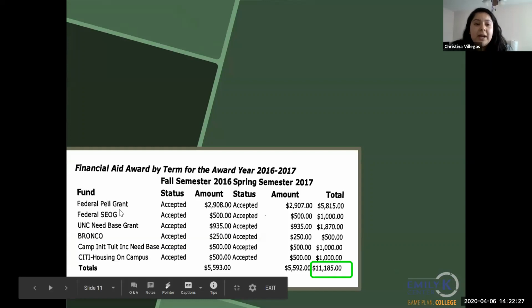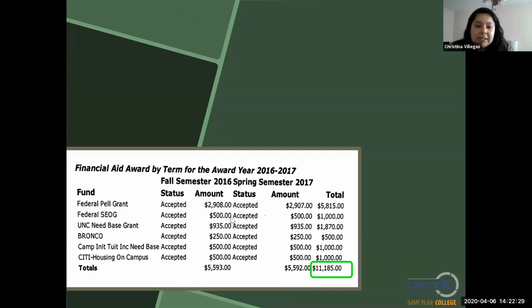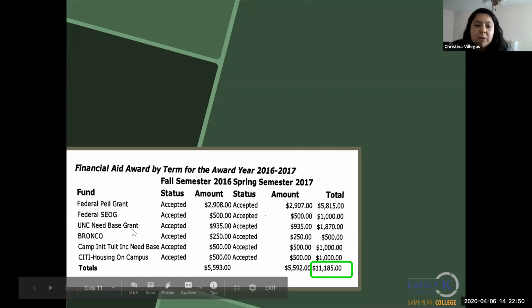Here we can see the terminology that Ms. Rachel brought up. We have a federal Pell Grant. The student had an EFC of 0, so they are receiving the max amount of that time, which was $5,815. Now I think it's about $6,197, the max amount for this year. Each year it does increase little by little. This student is also getting a federal state grant, a UNC need-based grant. This is a Bronco scholarship for Fayetteville State.